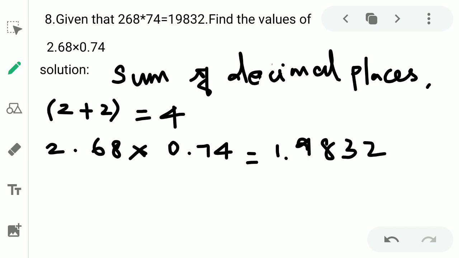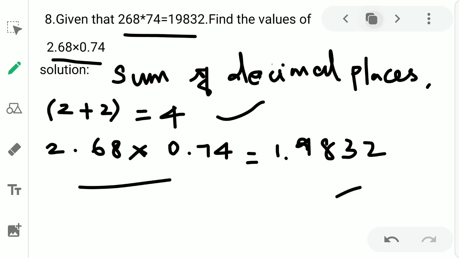They have asked only this one, and this is just for our understanding. First you calculate the number of decimal places. After the point you have 2 digits in 2.68 and 2 digits in 0.74. Adding 2 plus 2, you get 4. Multiplying with decimals, you will get the answer as 1.9832.